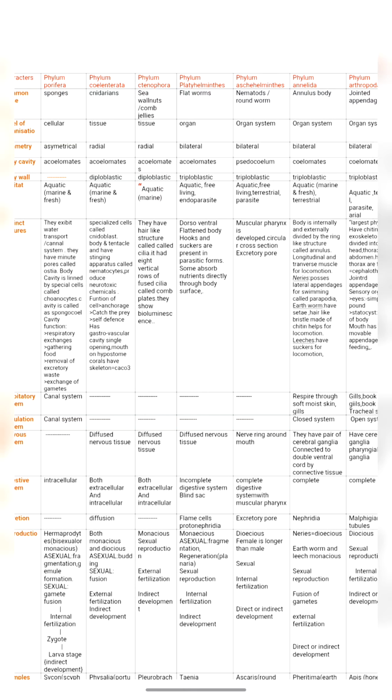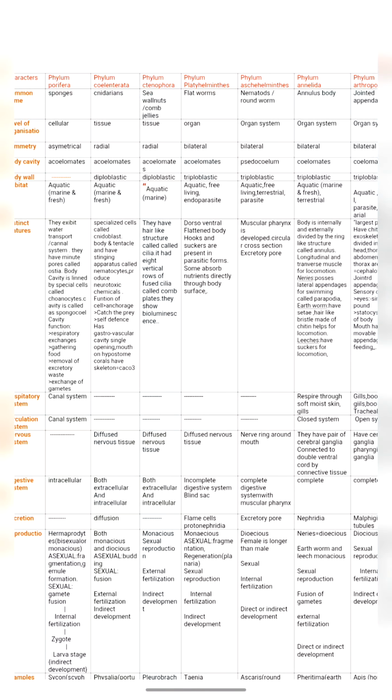If you want this comparative study to really work as a strategy for remembering, first remember the phylum names in order: Porifera first, next Coelenterata, then Ctenophora.